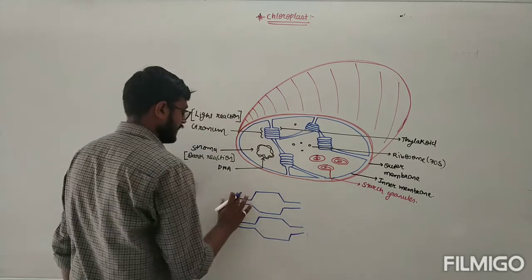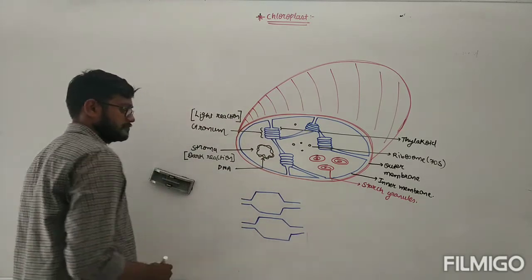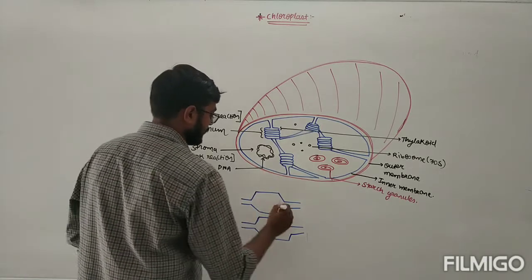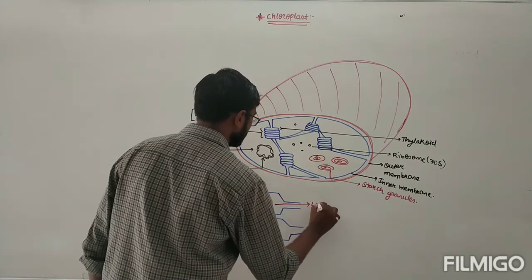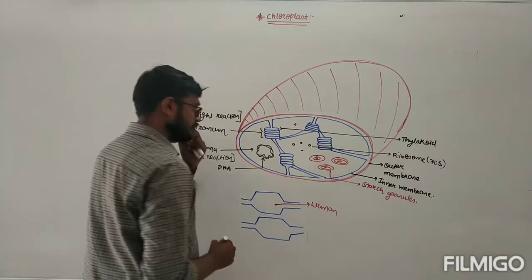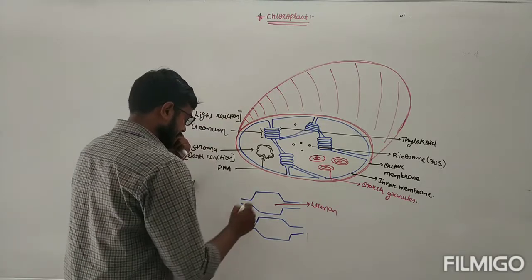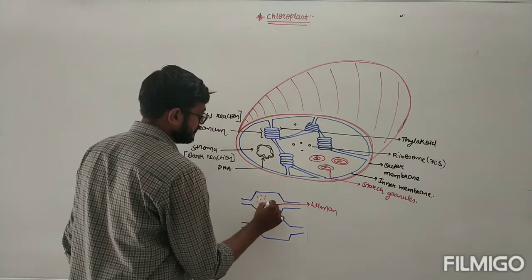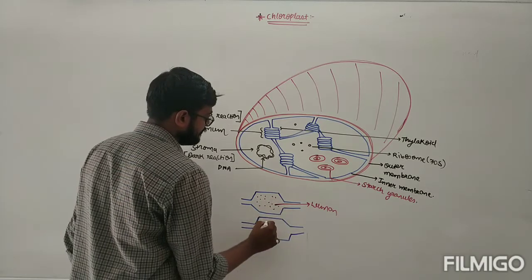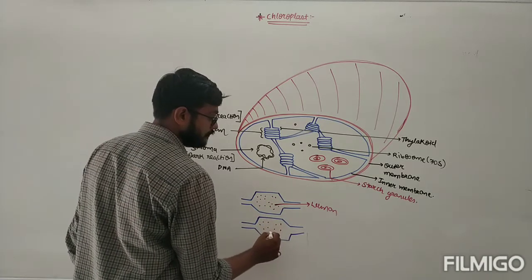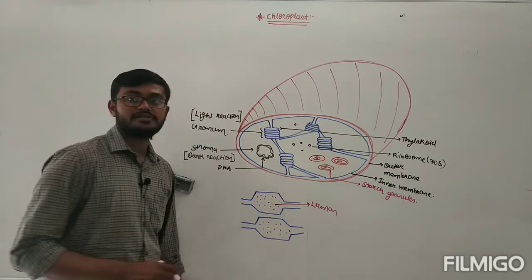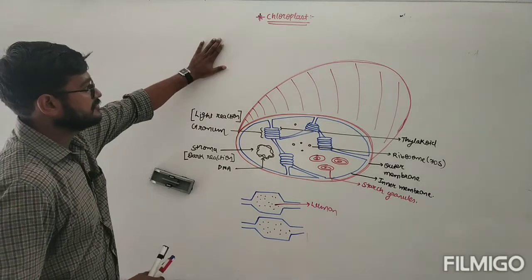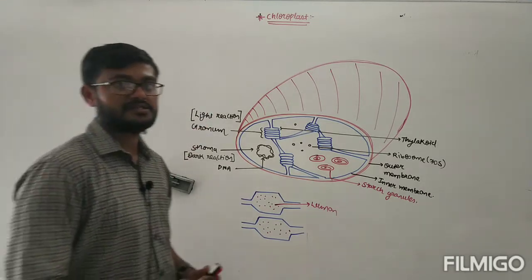Now see what happens here. The space on the inner side of the thylakoid is termed the lumen. We call it the thylakoid lumen, and inside the thylakoid lumen pigments are present, and these pigments can be chlorophyll A, chlorophyll B, or any of the photosynthetic pigments. So these are the characteristic features of the chloroplast.